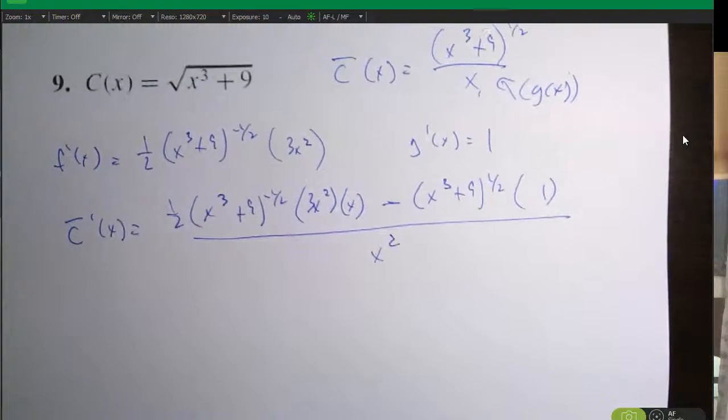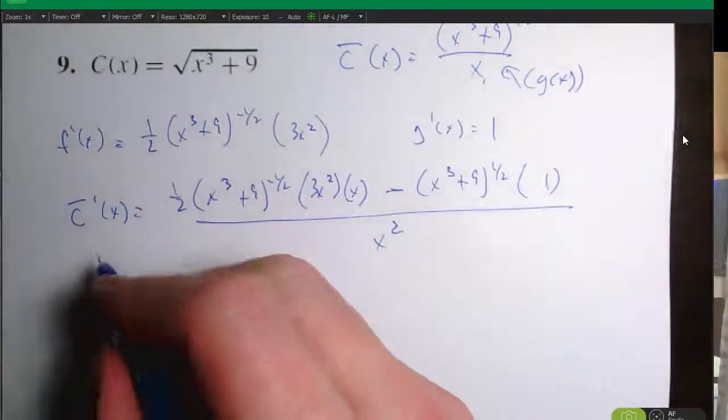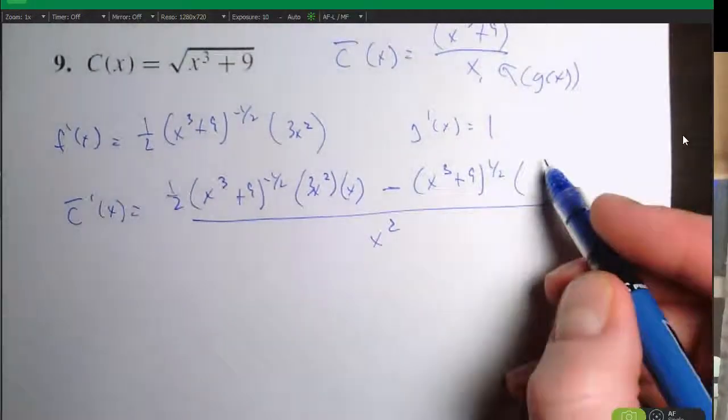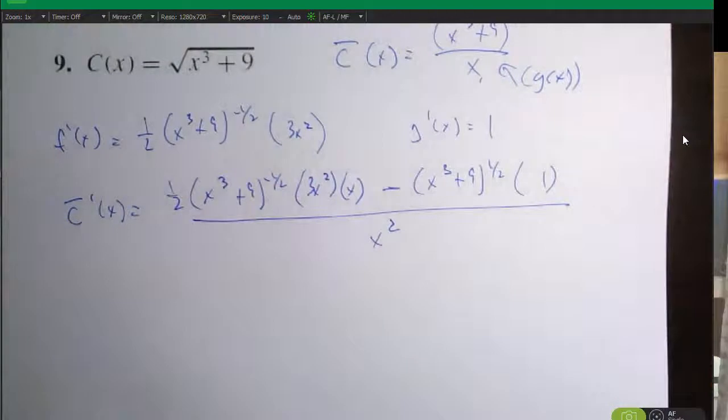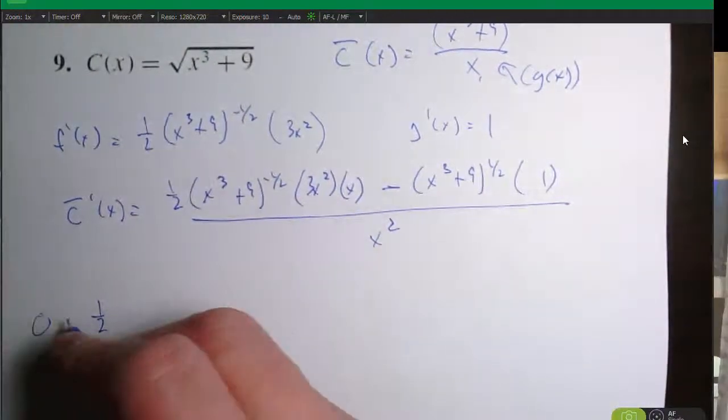Now the reason I want to actually use the quotient rule here and not the product rule is I want this to equal 0. Well, the only way this guy is going to equal 0 is if the whole numerator equals 0. So I can ignore the denominator and just basically look at this equation here.